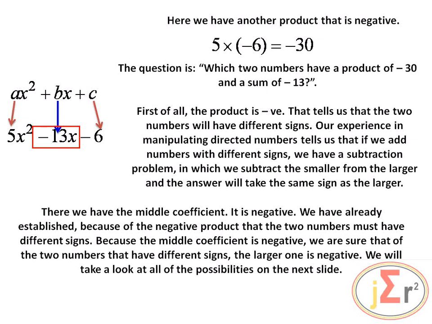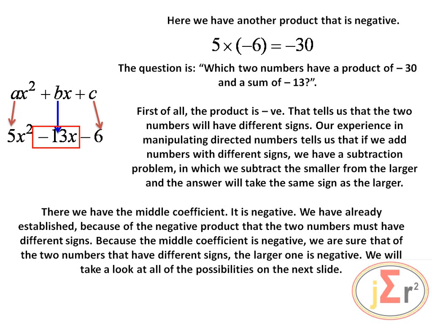So we have 5 times negative 6 is negative 30. The two numbers that we are about to use, irrespective of what we do from henceforth, must have different signs because their product is negative. Now their sum is negative.